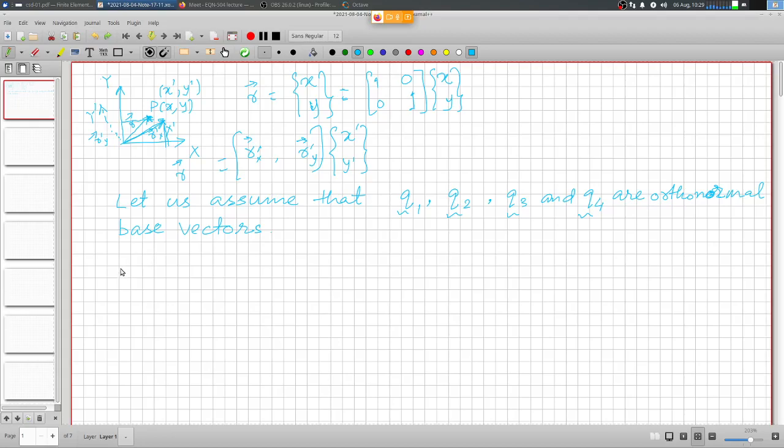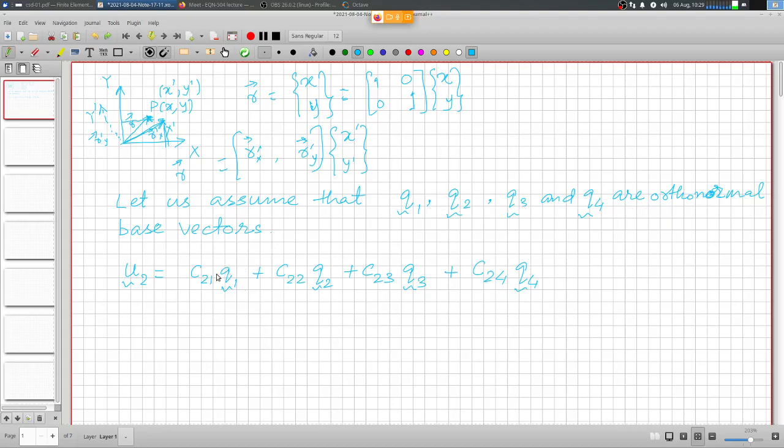So then I know that vector u2 will be given by, let's say, c21 q1, c22 q2 plus c23 q3, c24 q4, right? q1, q2, q3 are orthonormal base vectors.